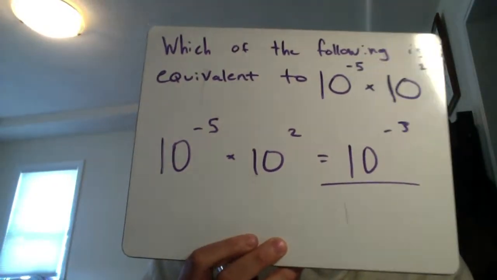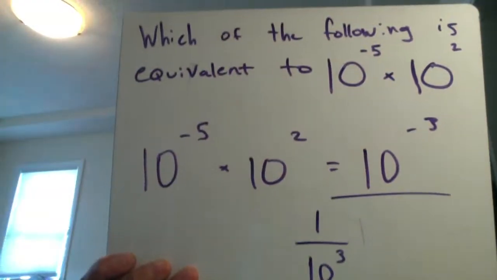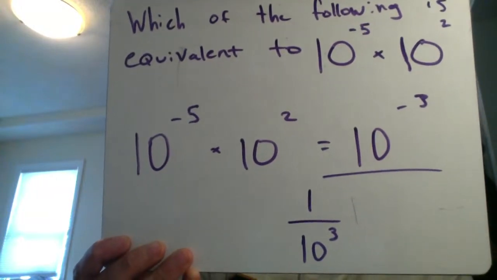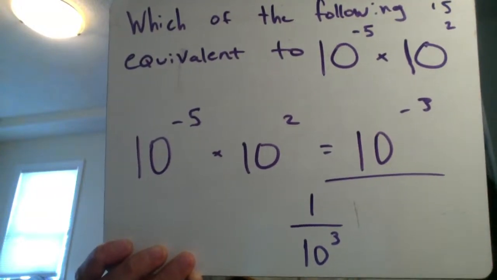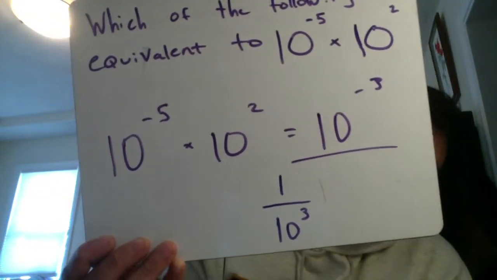So if you see that as an answer, make sure to check that. Remember, we can also look at 10 to the negative 3 as a fraction, which is 1 over 10 cubed. And 10 cubed simplifies even further because 10 times 10 times 10 is 1,000. So this is also the same thing as 1 over 1,000.